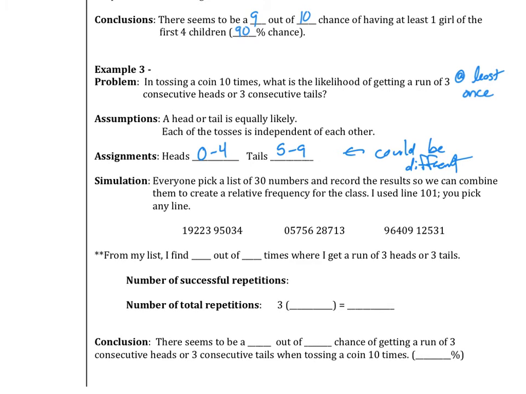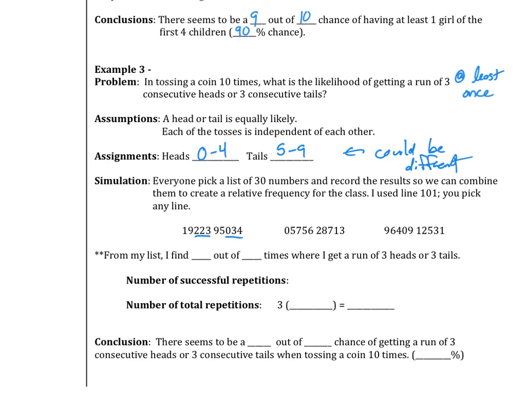So here's line 101. 0 through 4 are heads, 5 through 9 are tails. We're looking for a consecutive 3. In the first group, is there ever 3 in a row? If you look, we have 2, 2, 3, and 0, 3, 4.